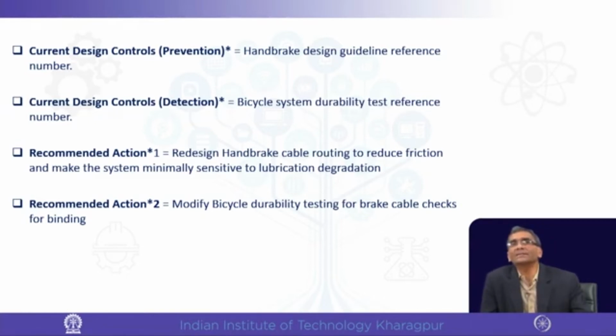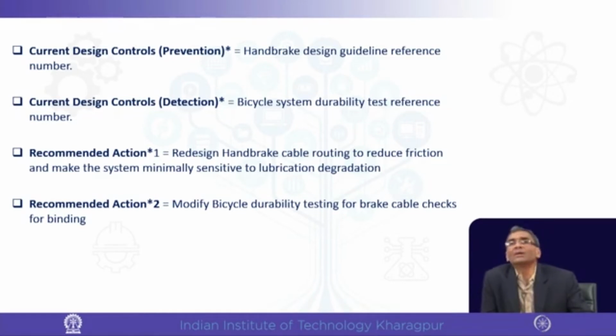So, it is the robust design category, and recommendation 2 is to modify the bicycle durability testing, which is in the testing category. Now, what is the outcome of this multiplication of severity, occurrence and detection difficulty? Suppose another one is 8, 2 and 1.